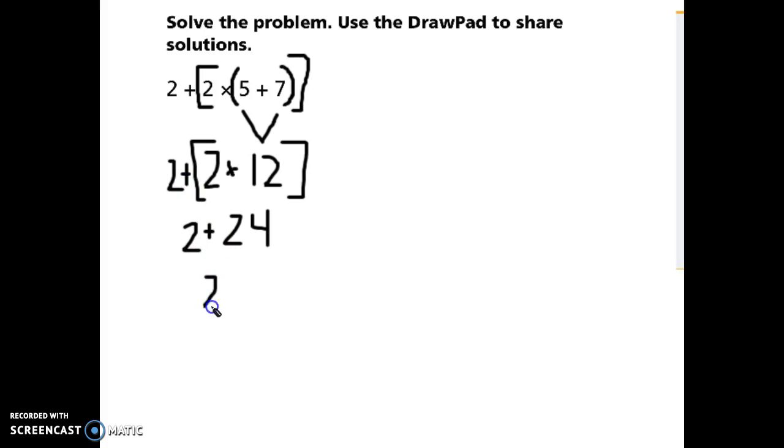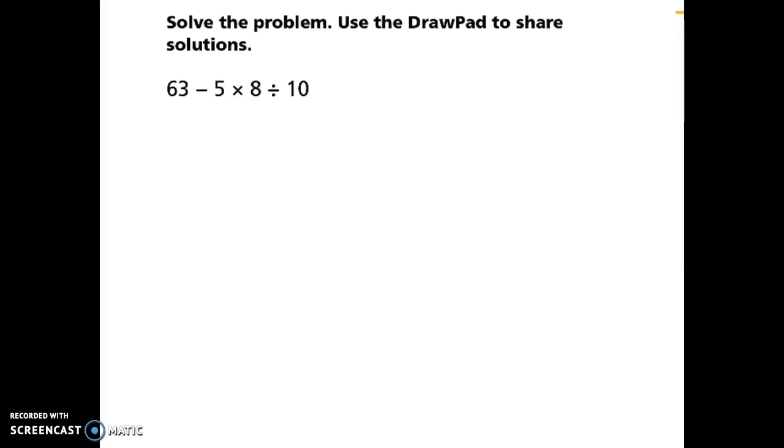So my final answer should be 26. So you can see how important it can be to make sure you are solving order of operations problems properly, because otherwise you're going to get two very different answers.